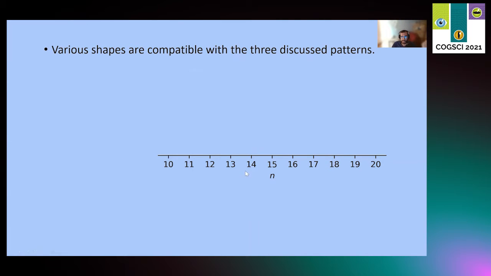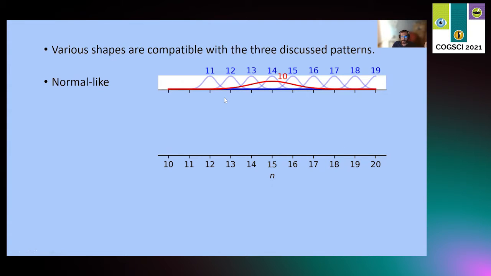Imagine that n is the numeral that you're modifying, and for each n we have a distribution over the true numeral. One option is that the posterior looks like a discretized version of the normal distribution. For instance, if you hear more than 11, it could be centered somewhere around 12, but if you hear more than 10, it could be centered maybe somewhere around 15.